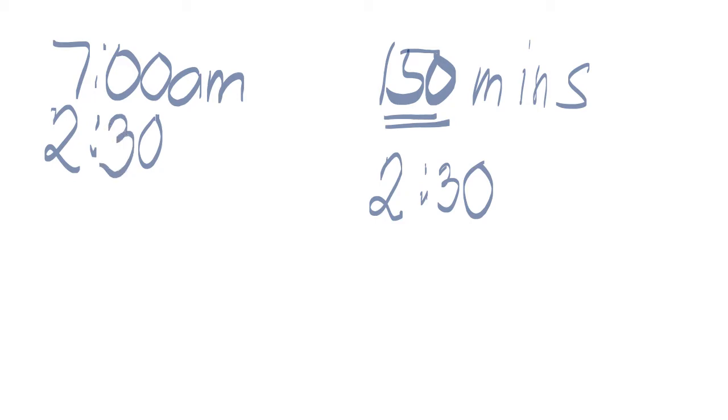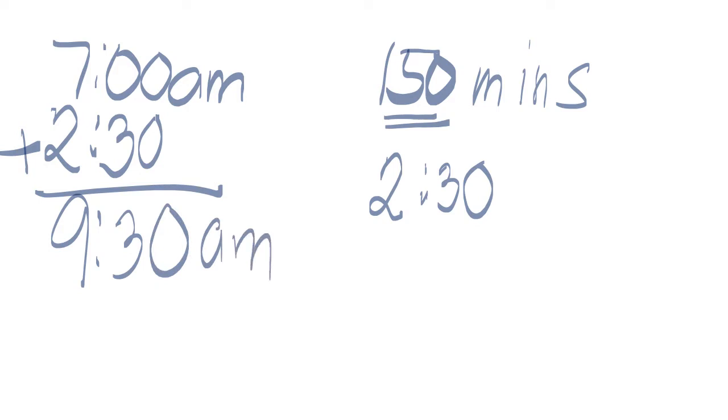Mali ng sulat. Ayan. I-add natin ngayon yung oras na nakuha natin. 9:30 a.m. Meaning, magsasabay ulit ang dalawang bell at 9:30 a.m. Nagets kung paano makuha? Okay.